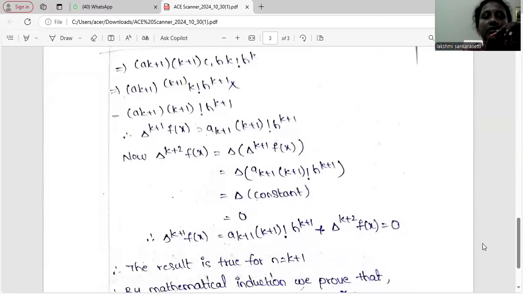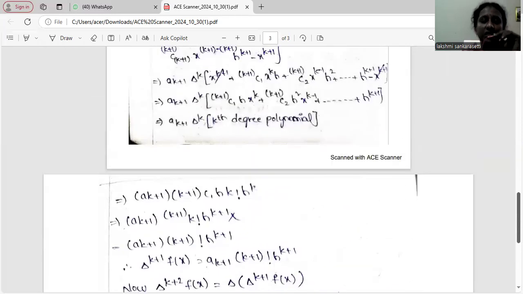So by using induction step, we already know that for kth degree polynomial, the kth difference is a constant. And the constant is ak into k factorial into h power k. In this polynomial existence, the leading coefficient is considered as ak, which is replaced by k plus 1 c1 into h. So here we are writing this ak plus 1 is k plus 1 c1 into h as constant ak into k factorial into h power k.